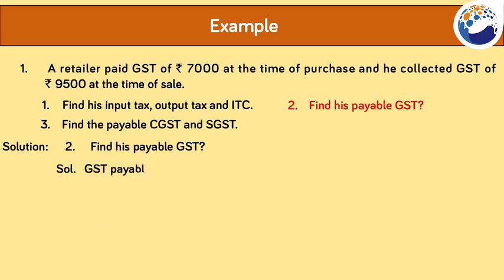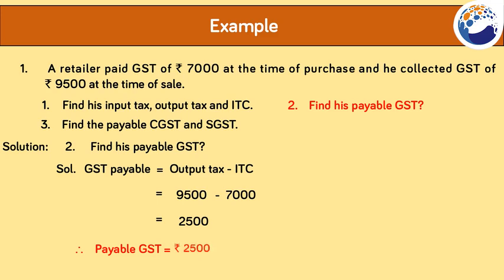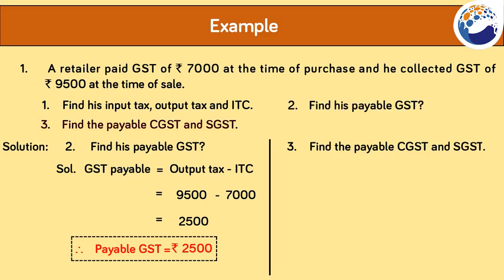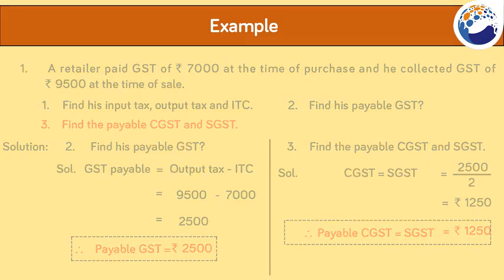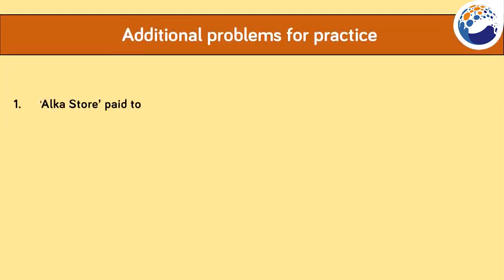GST payable is equal to output tax minus ITC, is equal to 9,500 minus 7,000, is equal to rupees 2,500. Therefore, payable GST is equal to rupees 2,500. CGST is equal to SGST, that is equal to 2,500 upon 2, which is equal to rupees 1,250. Try some more problems for practice.